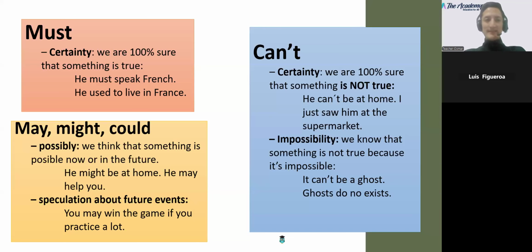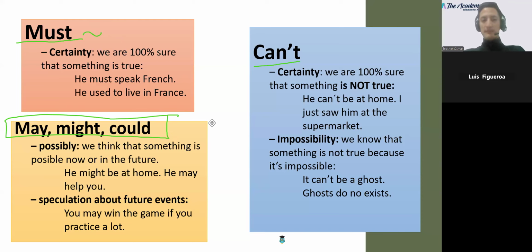So, Luis, these are the models that we use to talk about deductions. Must, may, might, or could, and can't. Yes, Luis, these are the models that we can use for deductions. El primero es must. ¿Te acuerdas de esta palabra must?